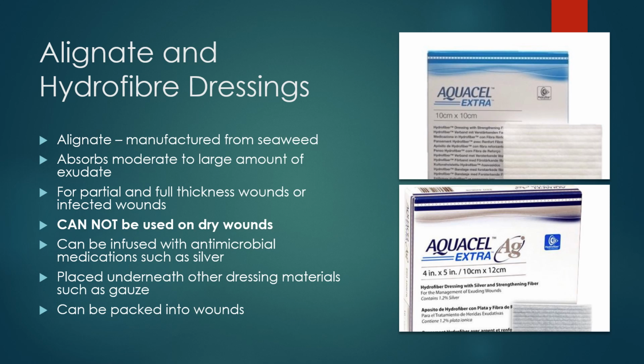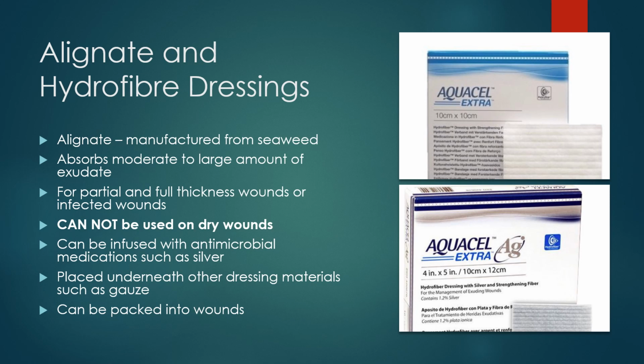The last kind of dressing we're going to talk about is alginate and hydrofiber dressings. Alginate is a manufactured type of dressing, manufactured from seaweed, which allows a moderate to a very large amount of exudate to be absorbed into this wound dressing itself without a lot of bulk.